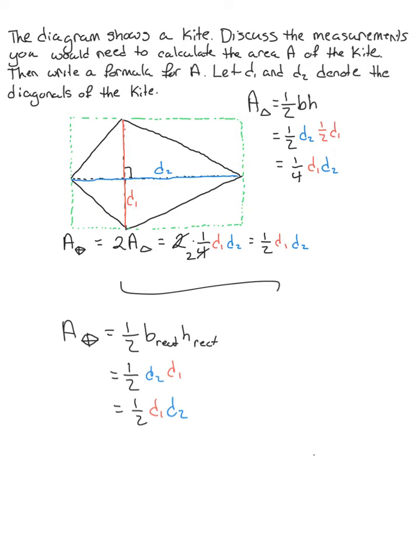So those are two ways we can go about answering the question. In the first way we did it, up here, the measurements we would have needed to solve it were originally just half of D1 and all of D2.